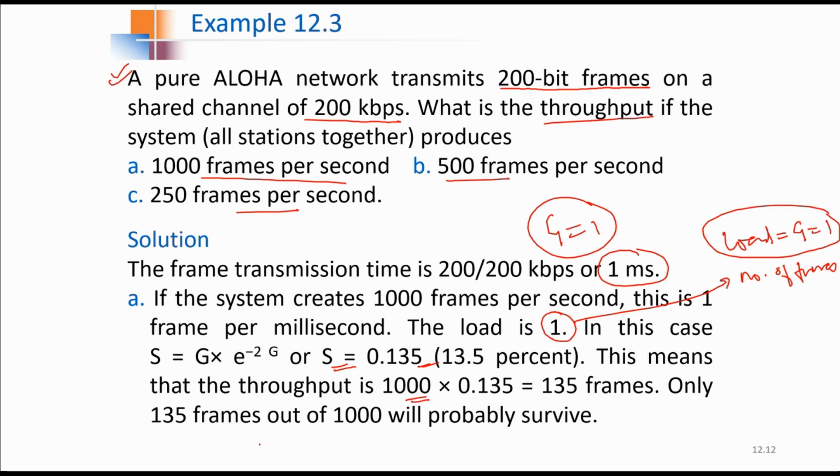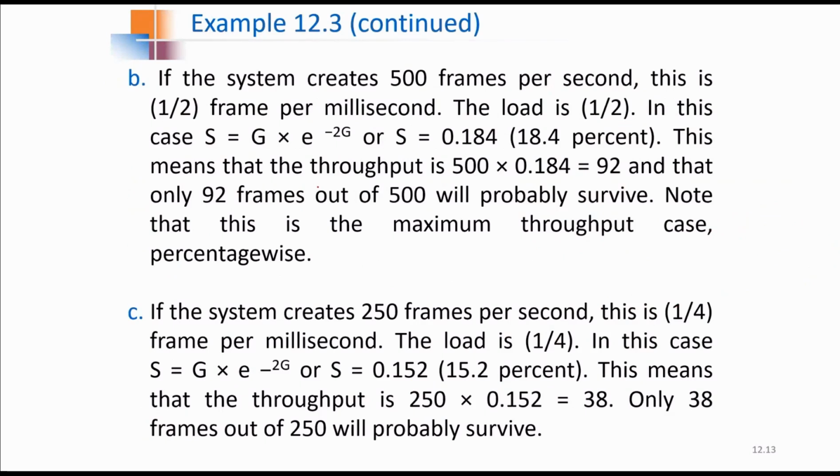That means out of 1000 frames sent, only 135 frames will be reaching efficiently. Similarly, we need to find out for 500 frames per second and 250 frames per second. For all the cases, the load will be changing. If the load is changing, then what will be the value of the throughput? You need to find out.